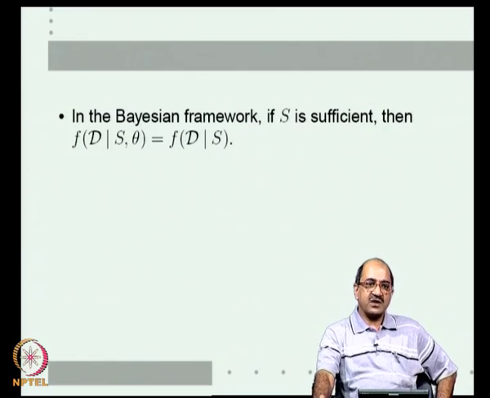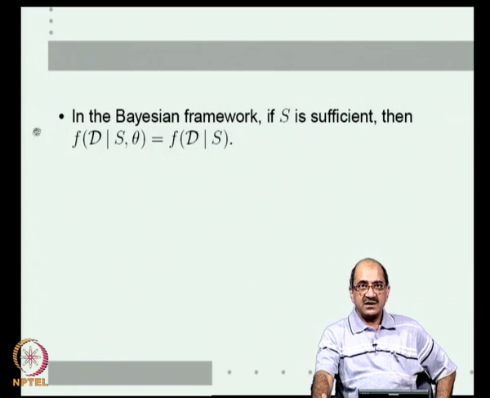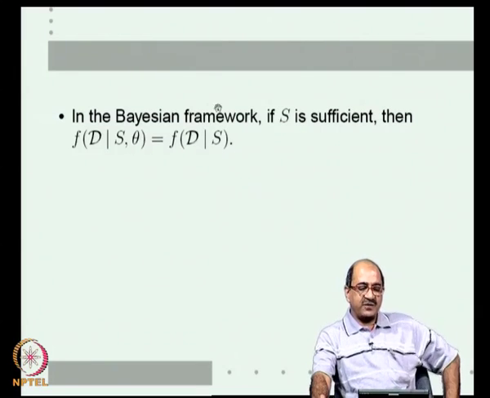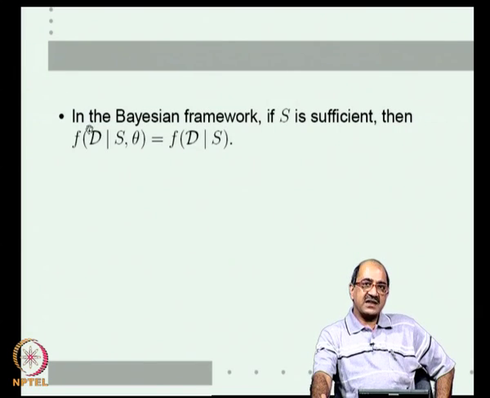We are talking of both continuous and discrete random variables together. So, even though I keep using the word density, it could be a density function or a mass function. So, in the Bayesian framework, if S is sufficient, then the conditional density of D given S and theta is the same as the conditional density of D given S.